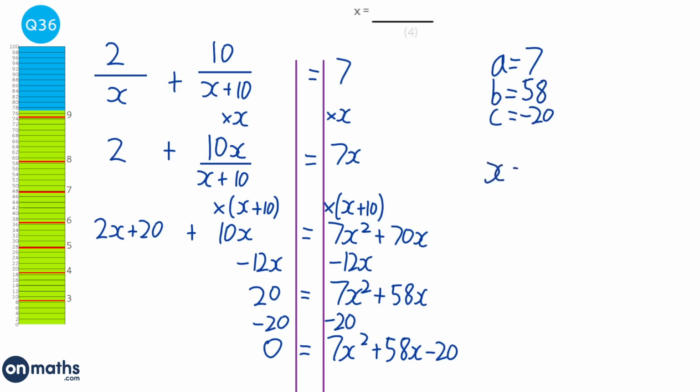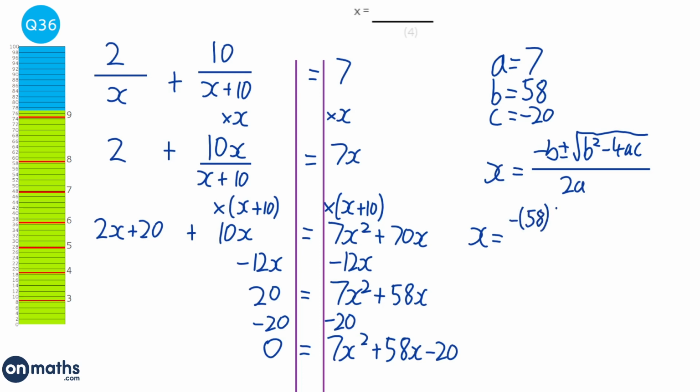The quadratic formula is x equals minus b plus minus the square root of b squared minus 4ac, and all of that over 2a. So, putting in the numbers, it would be minus brackets 58, and I always put brackets around these, because if they are negative, it makes it a lot easier and a lot more reliable.